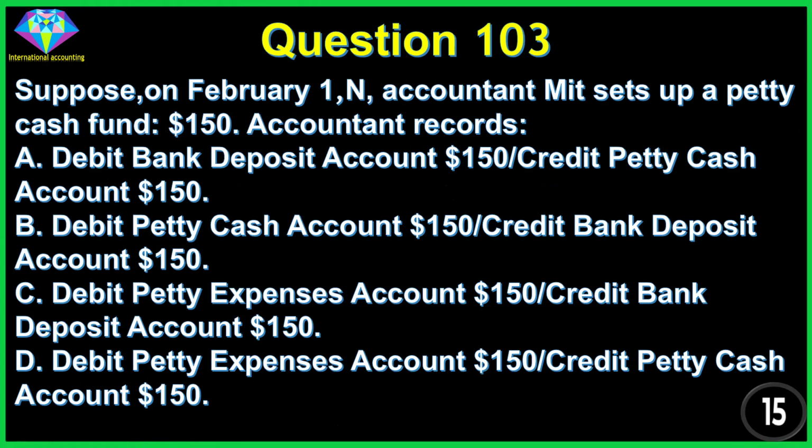B. Debit petty cash account $150 per credit bank deposit account $150. C. Debit petty expenses account $150 per credit bank deposit account $150. D. Debit petty expenses account $150 per credit petty cash account $150.